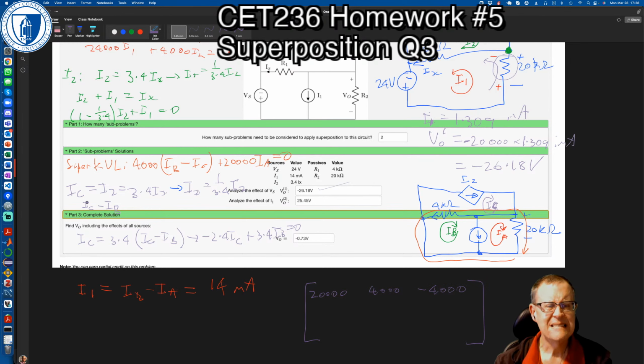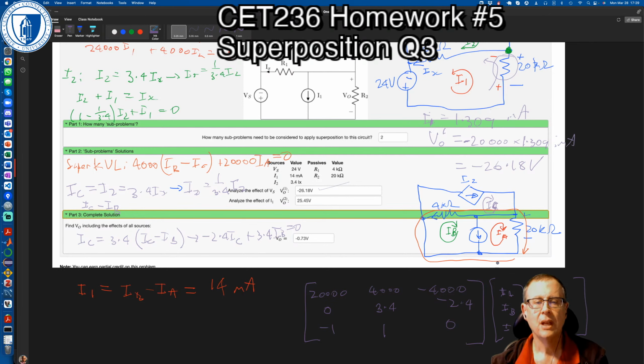And then for this equation, we have 0 IA, we've got 3.4 IB, and minus 2.4 IC, and then here we've got minus 1, 1, 0, and this is IA, IB, IC, and the constants we've got for each of them are 0, 0, and 14 by 10 to the minus 3.